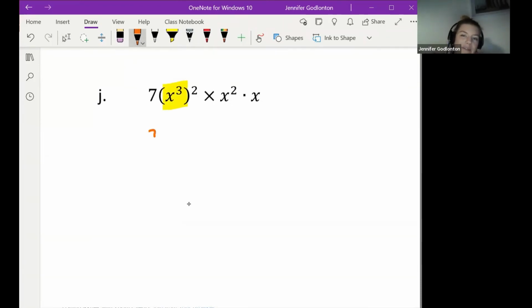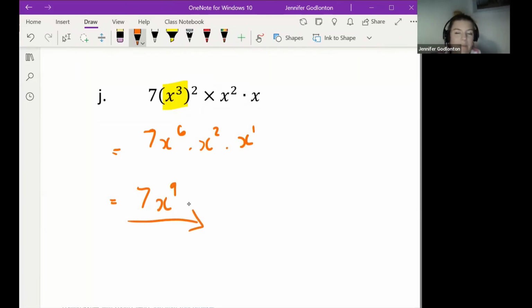So I'm going to have 7 times x to the power of 6 times x to the power of 2 times x, and that's going to be x to the power of 1. Then I'm just going to work that out. My 7's just my 7. Then I have x to the power of 6, x to the power of 2, x to the power of 1, so that becomes x to the power of 9. And that would be my final answer.